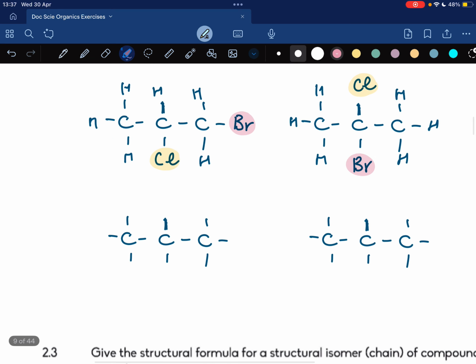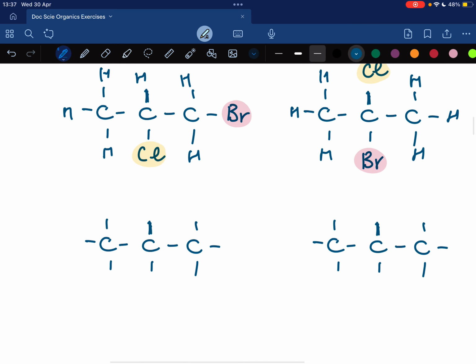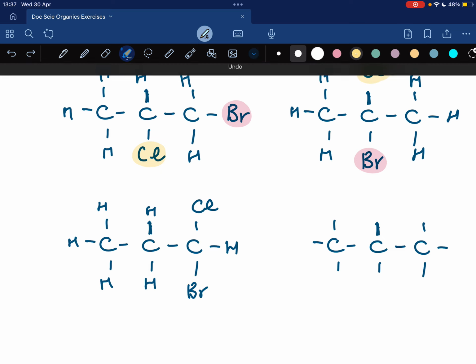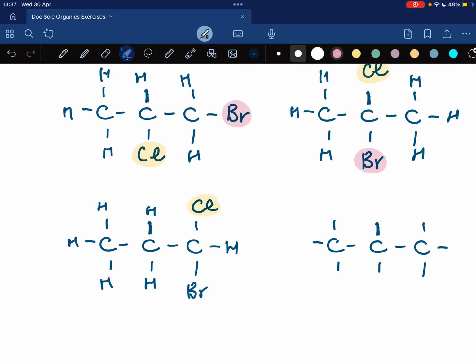But now what if I wanted that same carbon to be the end carbon? I could also do that. So I could say, well, if this is chlorine and that's bromine, that's also a positional isomer, because now I've moved them to the same carbon, but now on the far end, the terminating carbon.